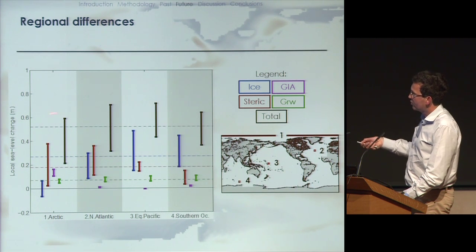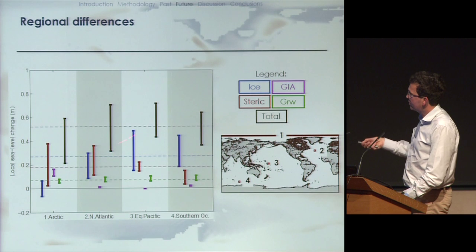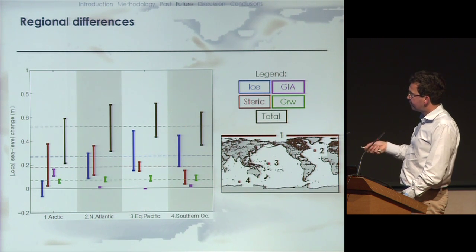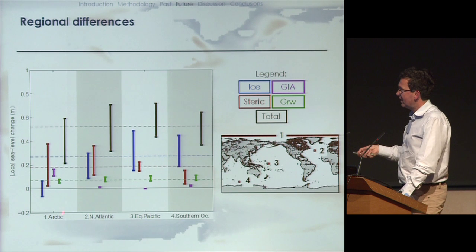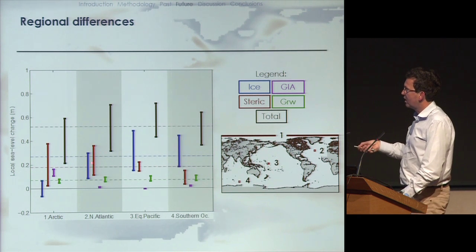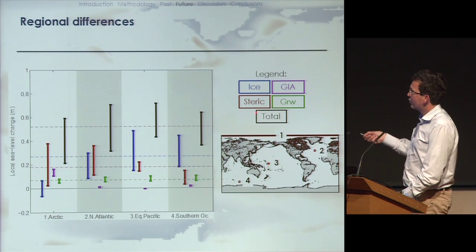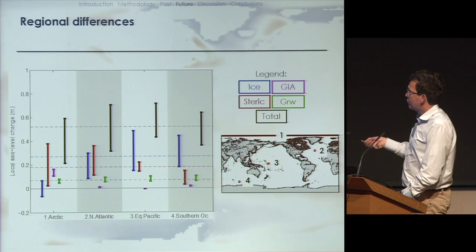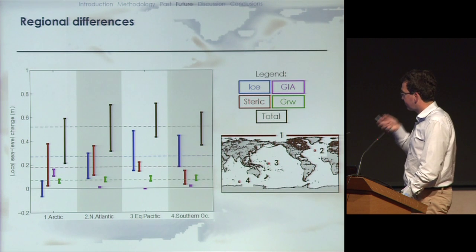And here you see then the total sea level rise in the Arctic region, which is lower than the average given by this dotted line again, which is in black. If you go to the North Atlantic Ocean, you see that the ice component and the steric component are much more in balance because you're already further away from the ice.